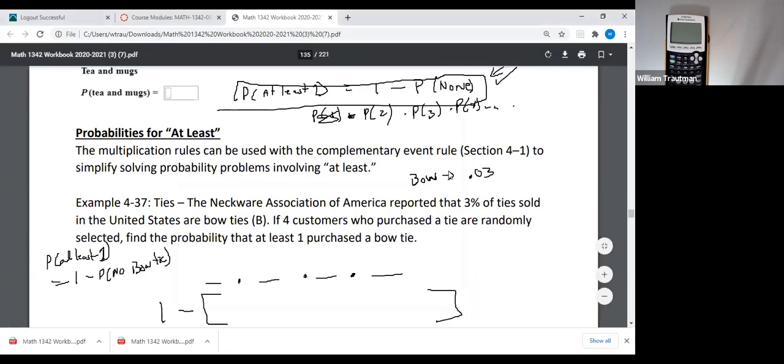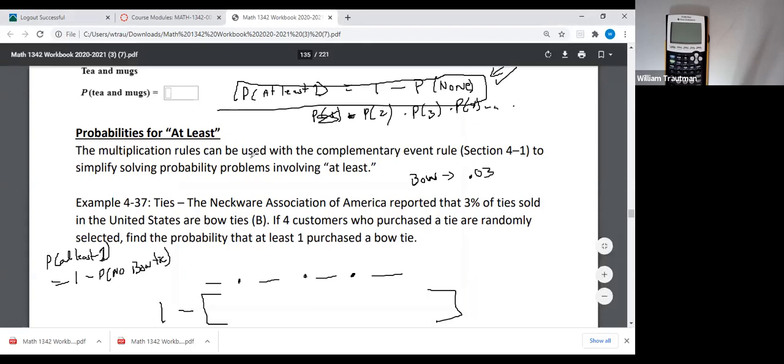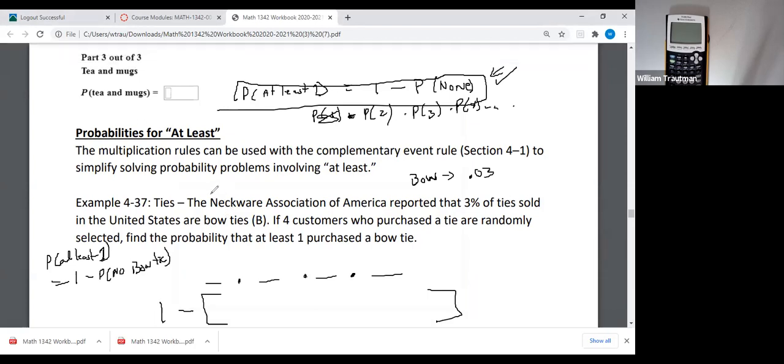Okay, so my question is, how do I represent the probability of none, that the person is not wearing a bow tie? What's the probability that the person is not wearing a bow tie?